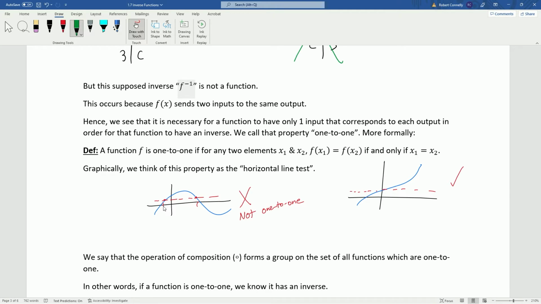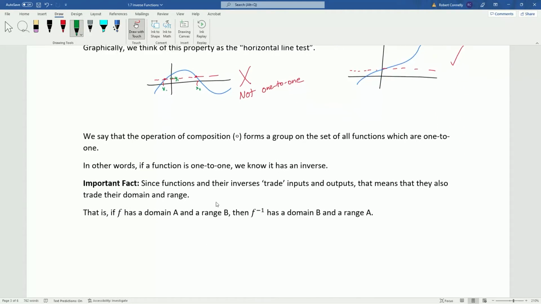If we have two inputs, x1 and x2, they can't have the same output, or it's not one-to-one. So if a horizontal line passes through two or more places on the curve, the function is not one-to-one. On the other hand, if any horizontal line only passes through the curve once, then we would say that that is one-to-one. All right, so let's go ahead and move along here.